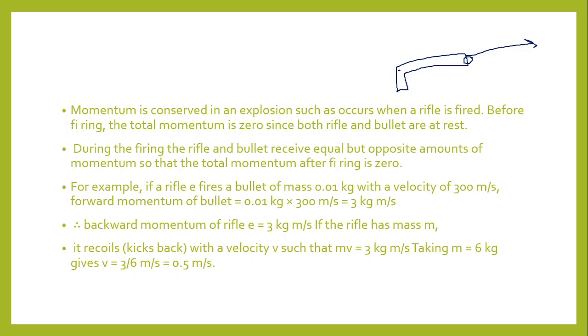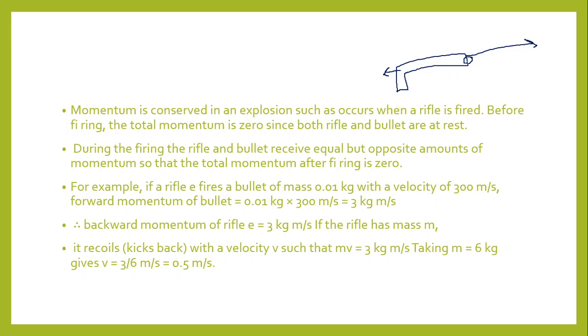If you shoot it, the bullet goes really, really fast, but it has a very small mass. And there's always this recoil that you feel, which the rifle or gun has whenever you shoot something, towards the backward side. So this huge mass has a lower velocity in the opposite direction than the bullet has in the forward direction, with very high velocity because of its very small mass.